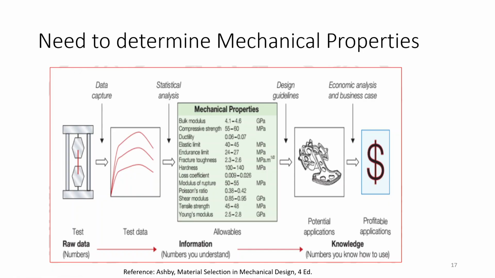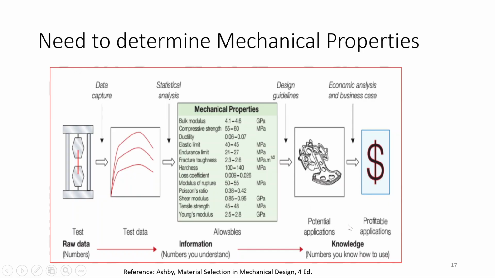Okay, and based on these mechanical properties you can decide how much thickness or how much diameter you will require in particular appliances. Okay, so you design according to these mechanical properties, and after this design you will do economic analysis and business case.